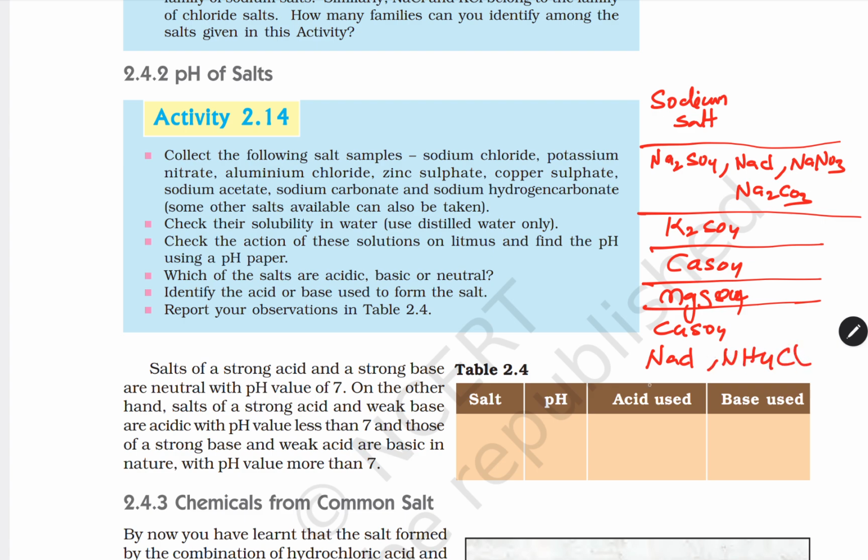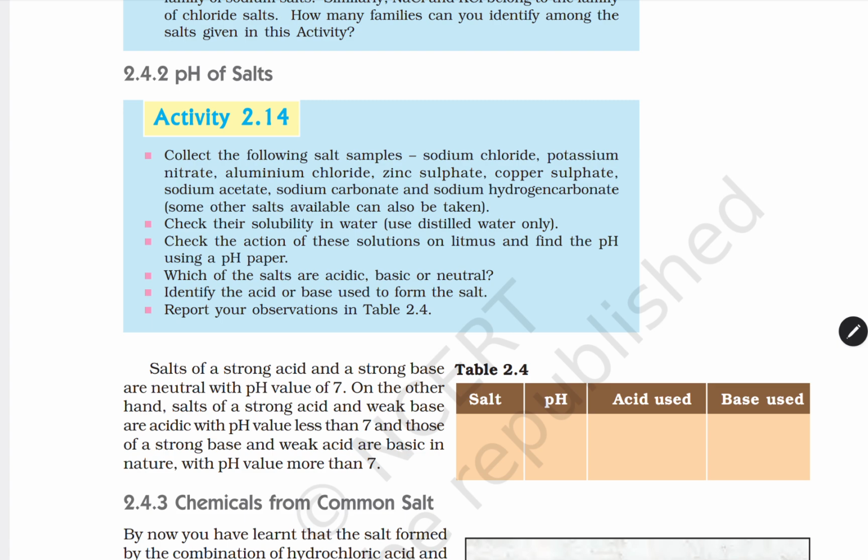Sulfate salts means all the sulfates: K2SO4, Na2SO4, CaSO4, MgSO4, CuSO4. They all come under sulfate salts only. Most of these come under sulfate salts.